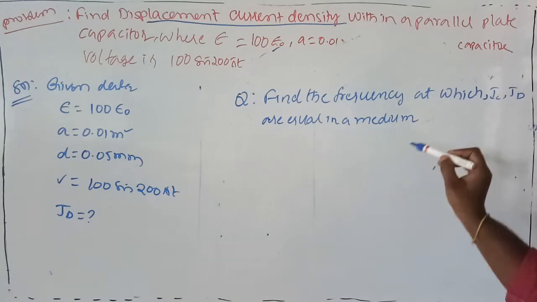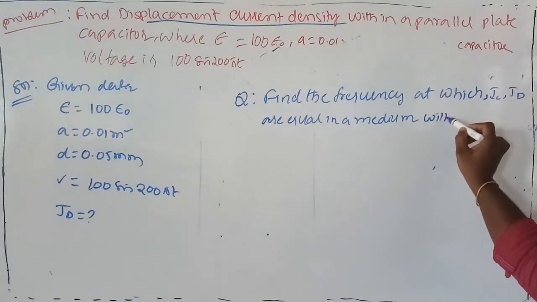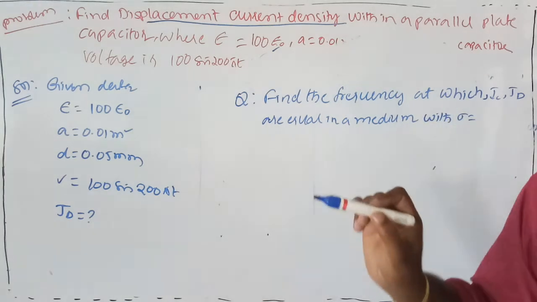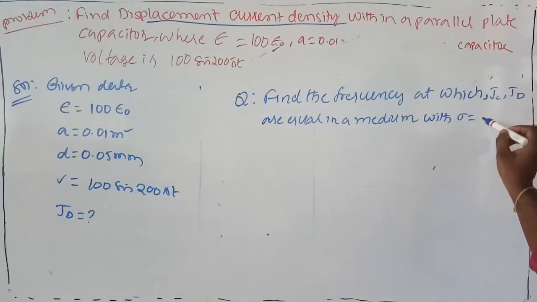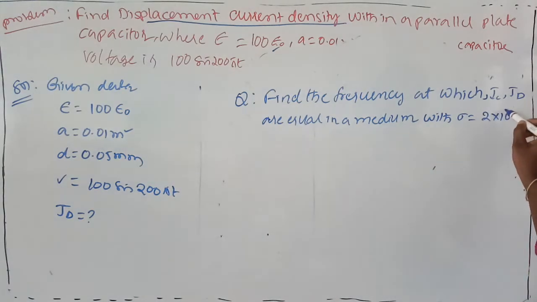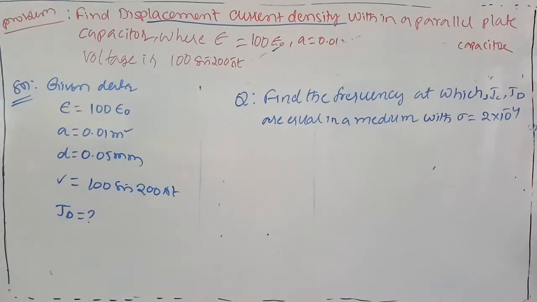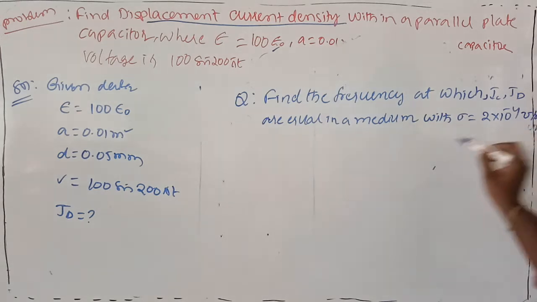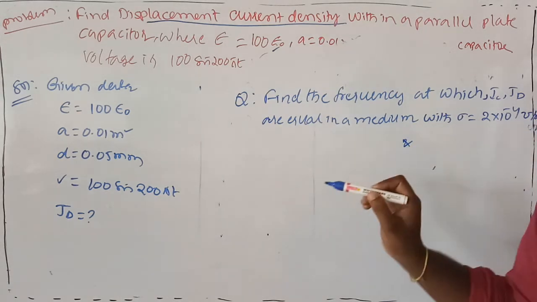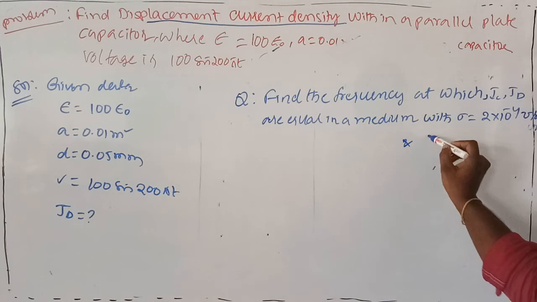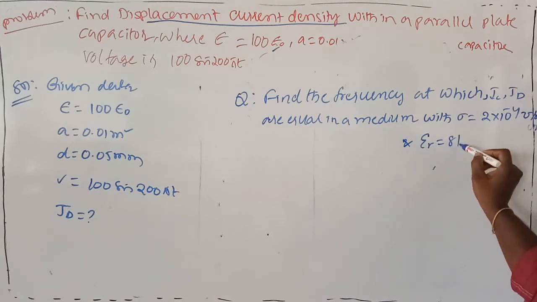With sigma equals to, sigma means what? Conductivity. Sigma equals 2 into 10 to the power of minus 4 mho per meter, and epsilon r equals 81, the relative permittivity.